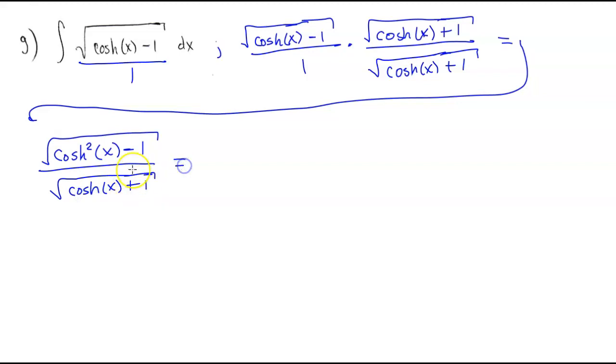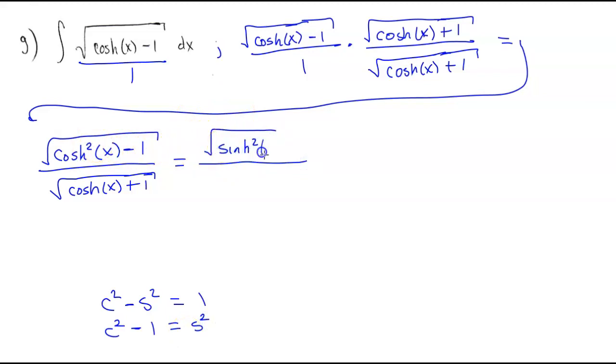Okay. So now, if we remember, we know that cosh squared minus sinh squared is equal to 1. So if I was to rearrange this, I know that cosh squared minus 1 will be equal to sinh squared. So that means here my numerator is just going to be square root of sinh squared of x, not u. So let's switch that.